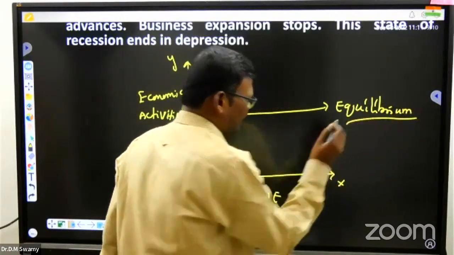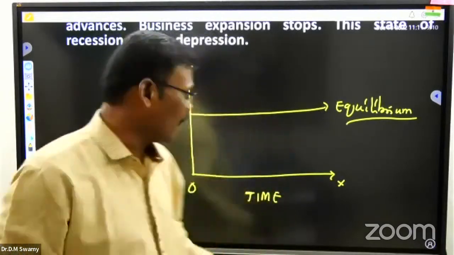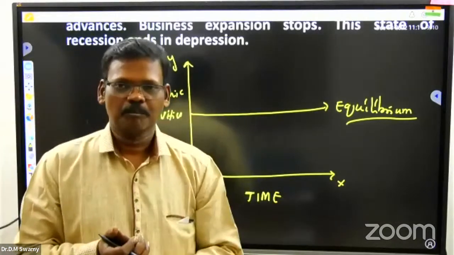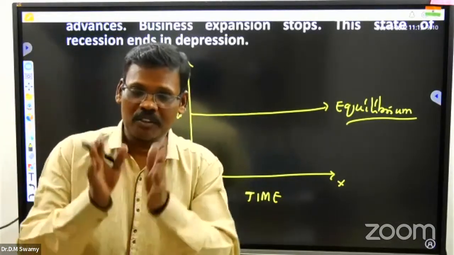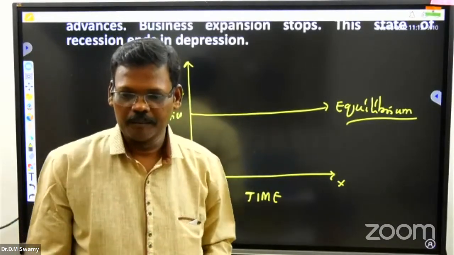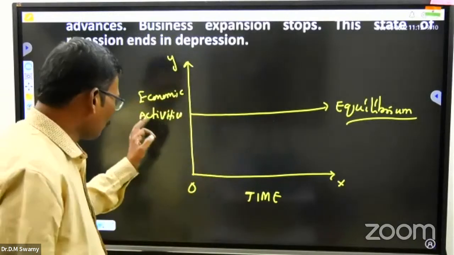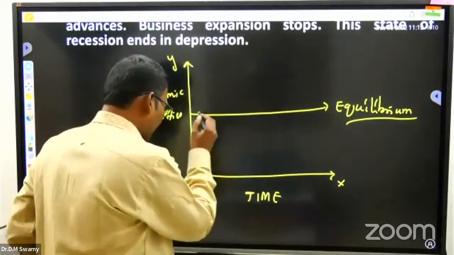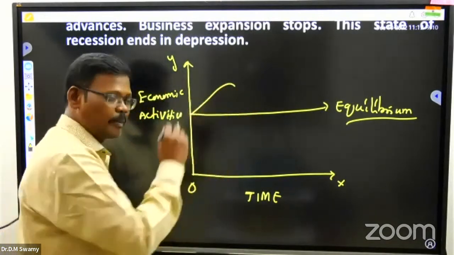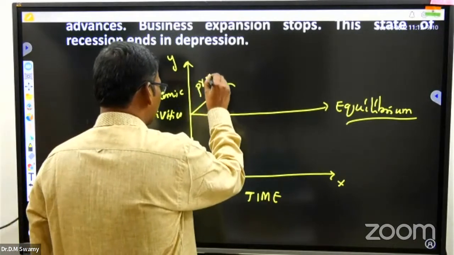That means if all economic activities are up to this much, the condition is equilibrium. Equilibrium condition means all economic activities are available according to the requirement. So here, if the economic activities are above the equilibrium level, this may be known as prosperity.